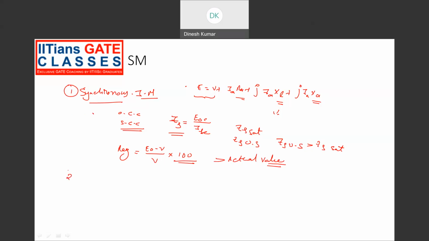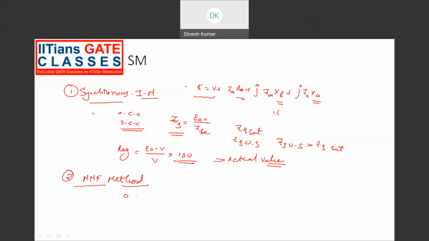The second one is the Ampere turns method or MMF method. In this method, the drop due to leakage reactance is considered as a drop due to additional armature reaction.